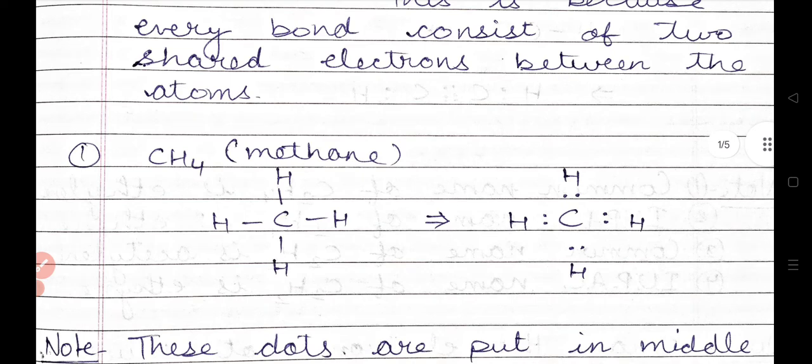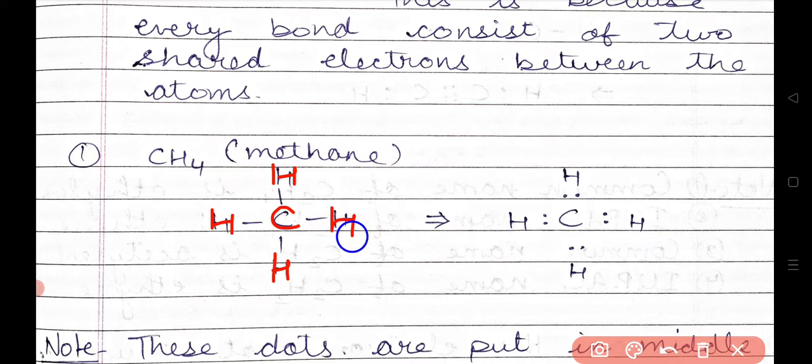For example, methane, that is CH4. As we know, carbon is tetravalent, so four bonds are connected between carbon and hydrogens.